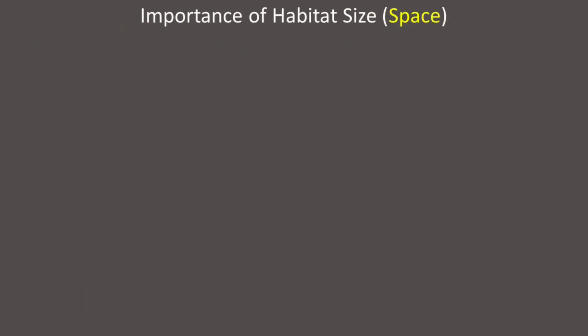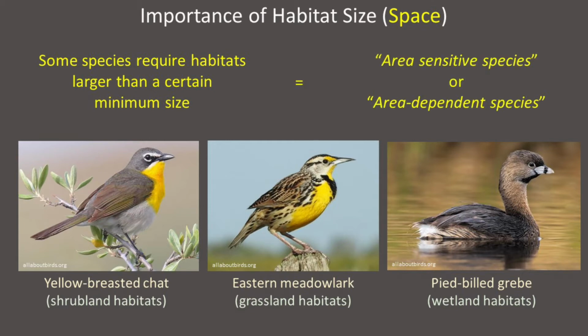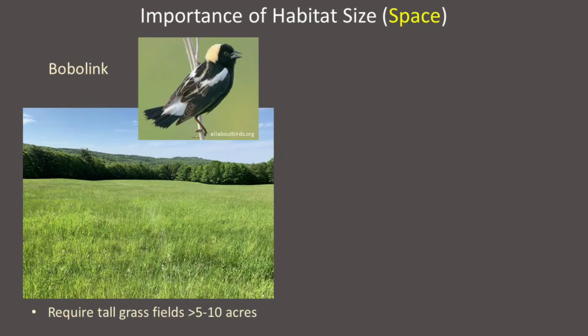The size of a habitat is important for a few primary reasons. First, many bird species require habitats larger than a certain minimum size. We call these species area-sensitive or area-dependent species. For example, bobolinks require tall grass hayfields, but they are unlikely to occur in fields smaller than 5 to 10 acres in size.